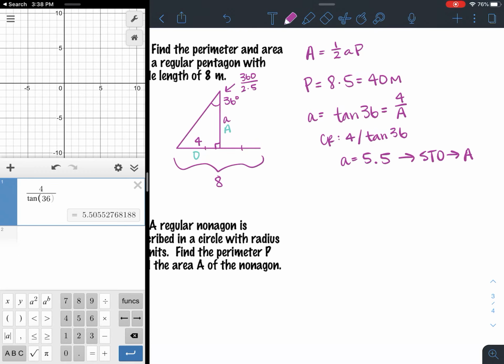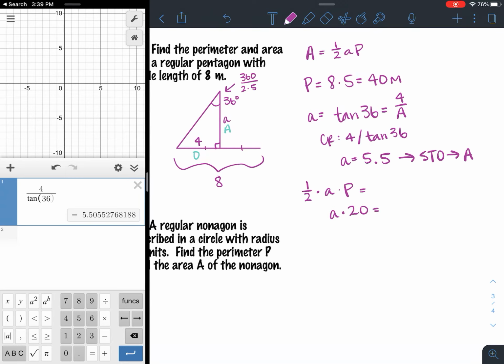So now I need to do 1/2 times apothem times perimeter. I'm going to go ahead and do the 1/2 of the perimeter. So this is going to be A times 20.